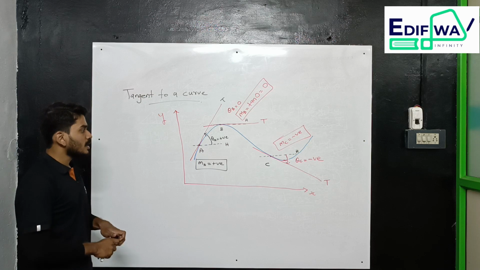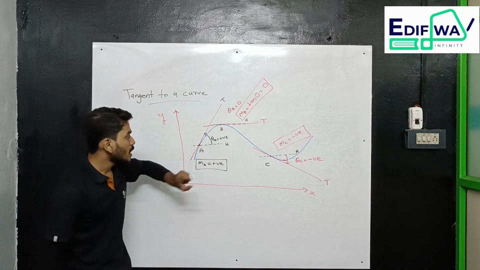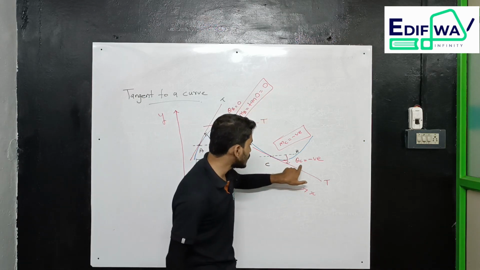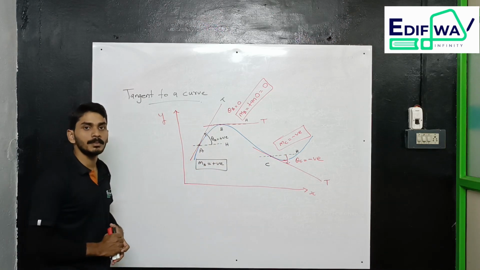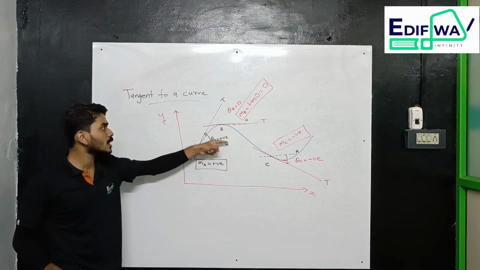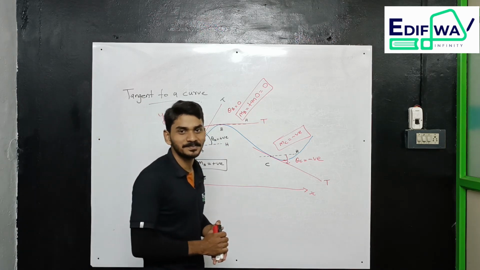So do you get that? If the angle is positive, the slope is positive. If the angle is 0, then the slope is 0. If the angle is negative, then the slope is also negative. And you have to remember, always measure the angle from horizontal to tangent. Is that clear?